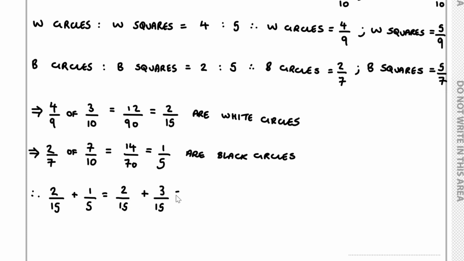So here I'm going to get 5 over 15, which is 1/3. So therefore, 1/3 of shapes are the circles. So here I end up with 1/3.